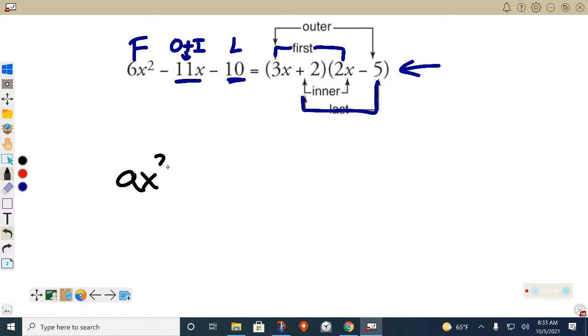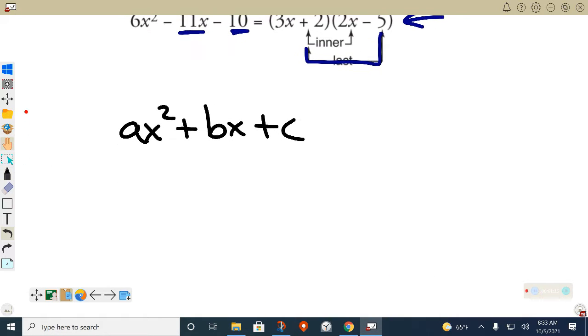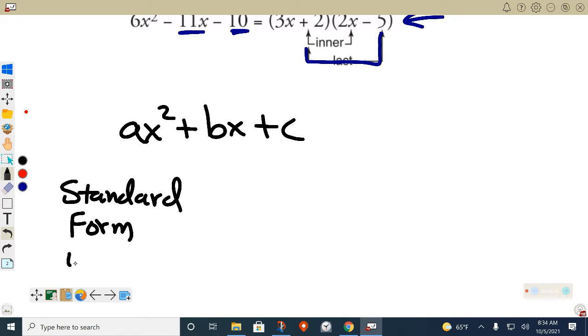I'm going to write ax squared plus bx plus c. Standard form of a trinomial.